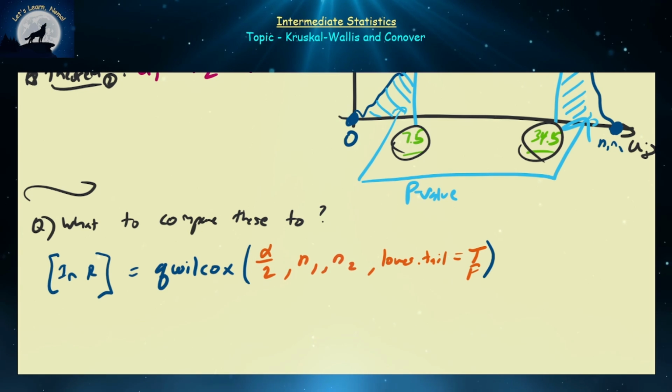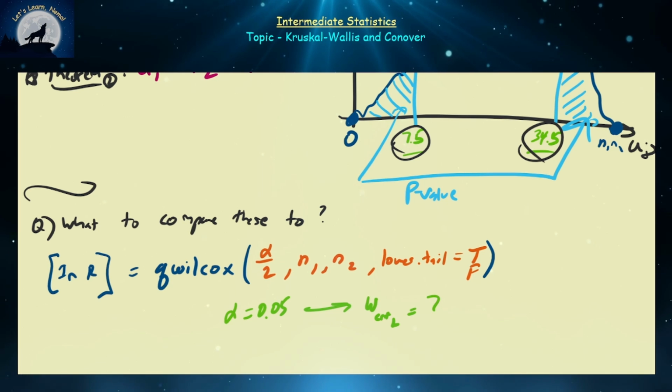So if we choose, for example, alpha is equal to 0.05, which a lot of people do, what you're actually going to get is a Wilcoxon critical value on the left to be equal to 7, and a Wilcoxon critical value on the right to be equal to 35. Right? So where are these values in this table? So let's draw this in orange.